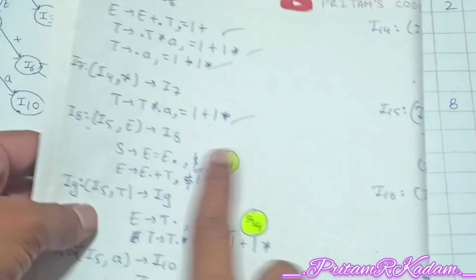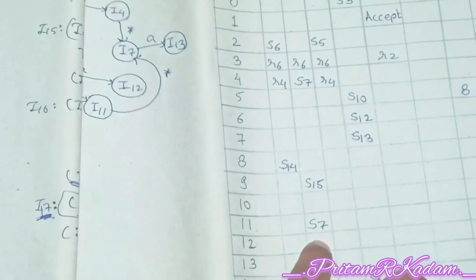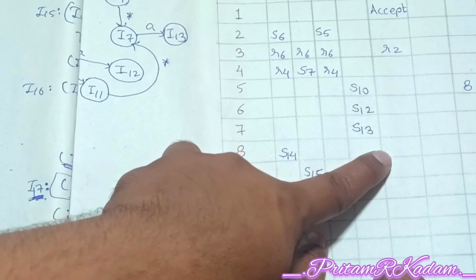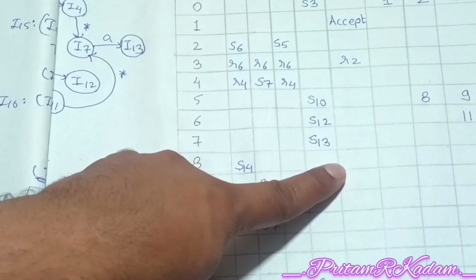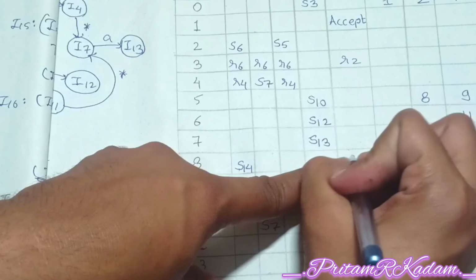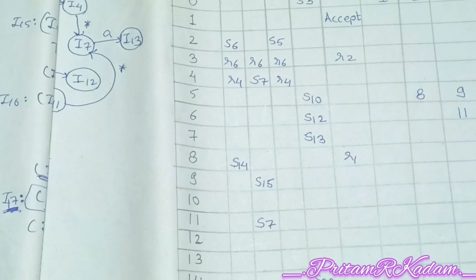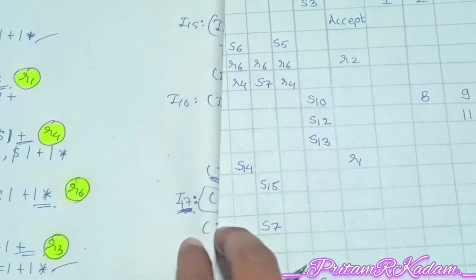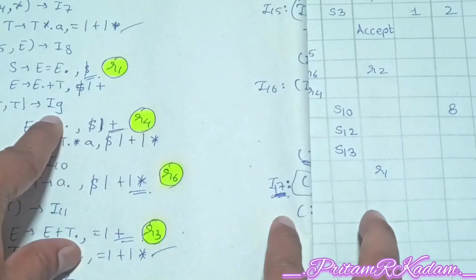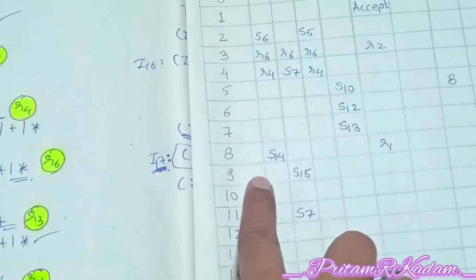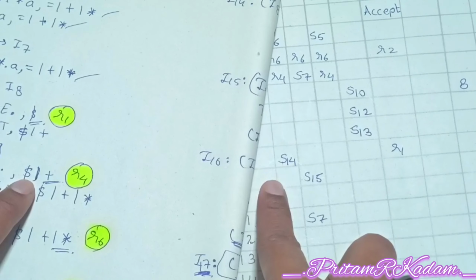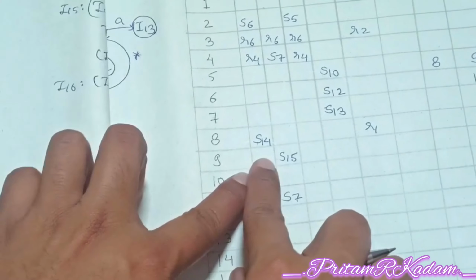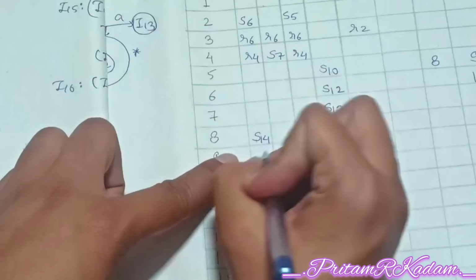Okay, so now for the next part, in the second sheet, R1 under dollar in I8. So we have to write R1 over here. For the next part, we have to write R4 under dollar and plus in I9. So let us write it down.